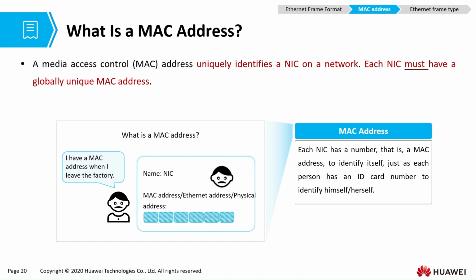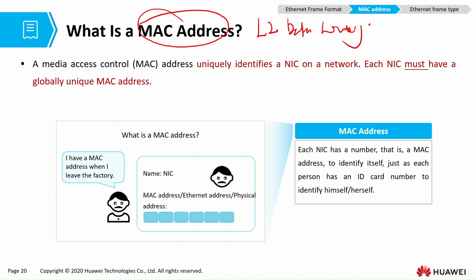Okay, the second concept that you need to understand is your MAC address. It is just like the same thing under your layer 3. When you forward your packet, you have the IP address. The same thing under the layer 2 data link layer, we have an address, we call it the MAC address. This MAC address is a little bit different from your IP address.